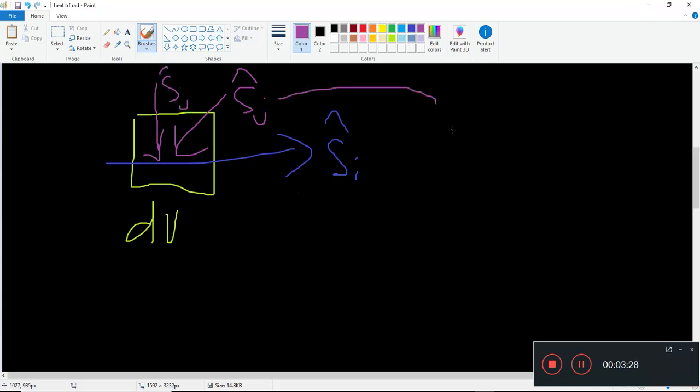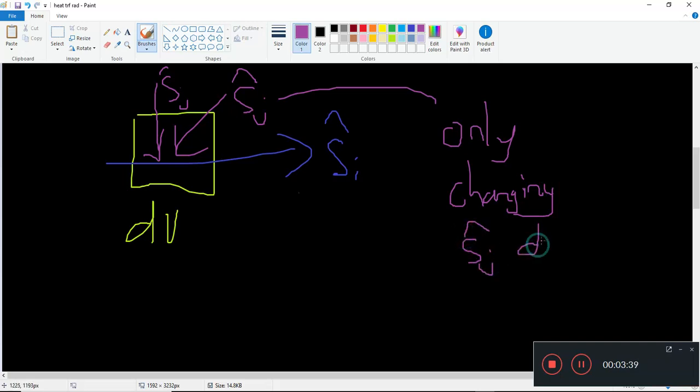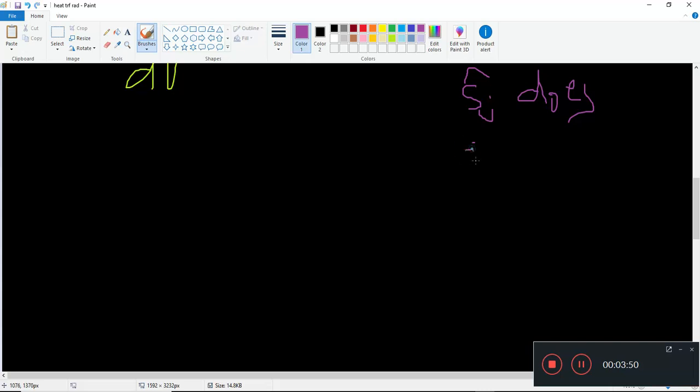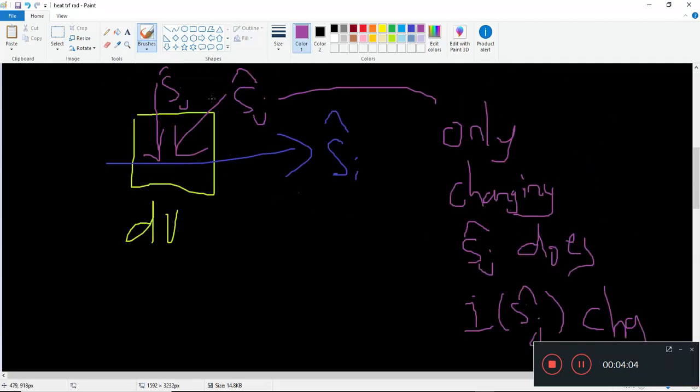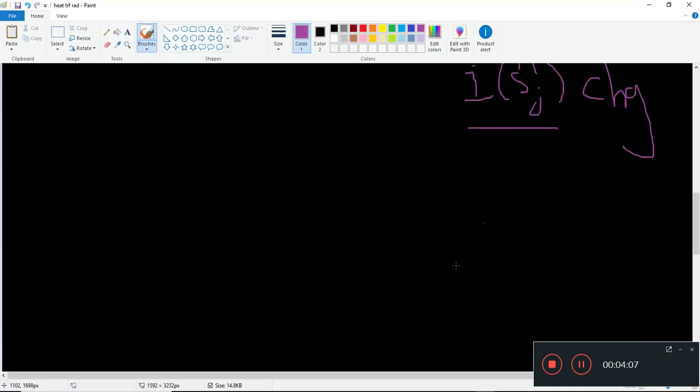So only changing the direction J does the intensity at direction J change.